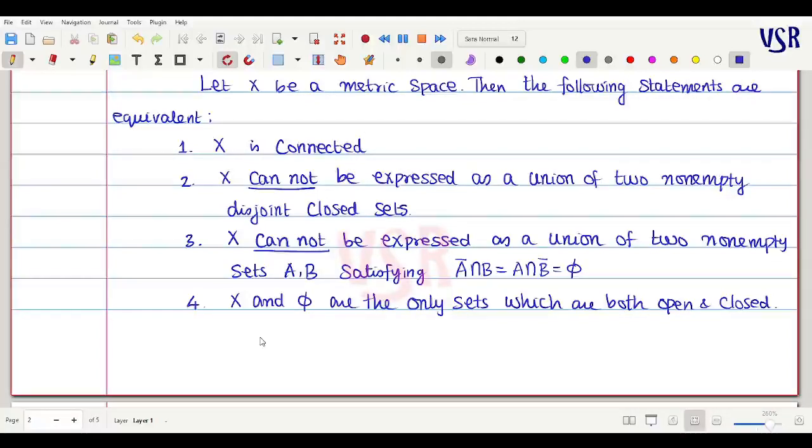Second, X cannot be expressed as A union B where A and B satisfy the condition A closure intersection B equals A intersection B closure equals empty. Next, the fourth condition says that the whole set and the empty set are the only sets which are both open and closed; no other set is both open and closed. So we have proved that 1 implies 2, 2 implies 3, 3 implies 4 and 4 implies 1. So the 4 statements are equivalent.